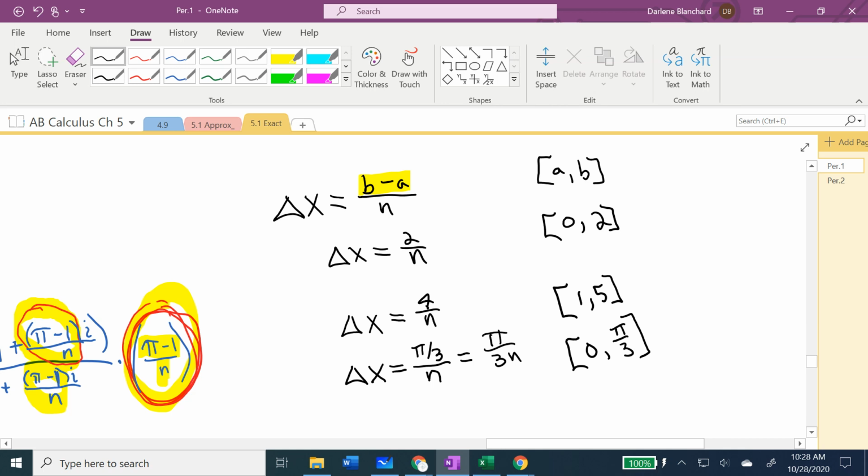So understand that what you are looking for is an n in a denominator multiplied by other stuff. Then where are you going to find it?